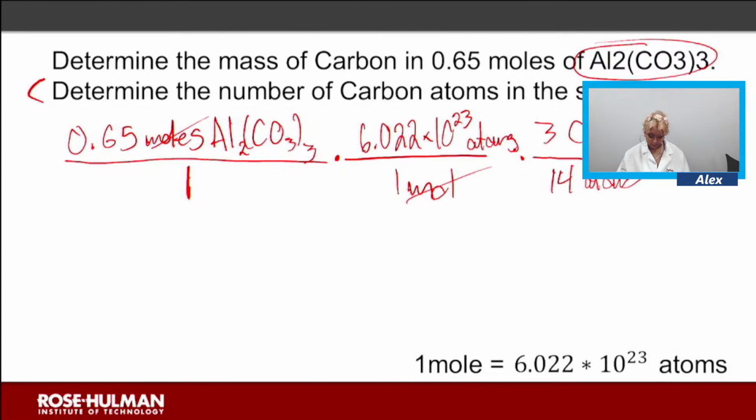So we do this multiplication and division, we get 0.65 moles times 6.022 times 10 to the 23 times 3 divided by 14.